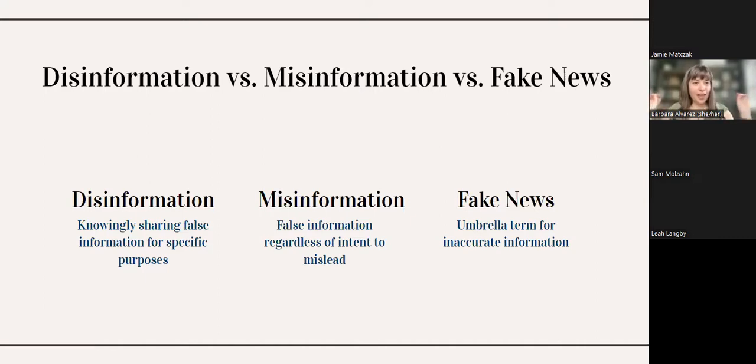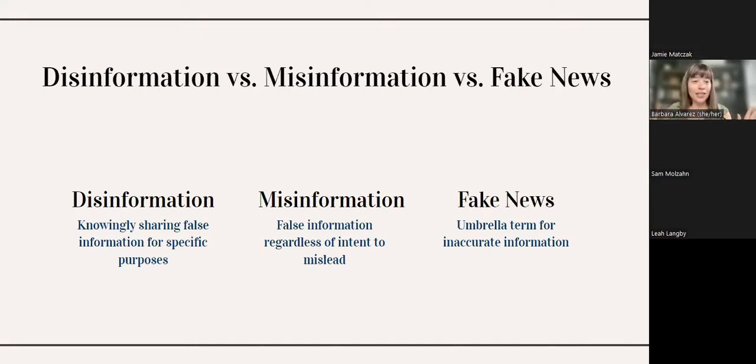Now, the blurred line here is when we enter the world of social media. Propaganda machines are intentionally putting out misleading, biased information out there, and people are unwittingly sharing it on social media. It's so easy now to just hit that share button. You and I probably all do it. We've all probably done it at least once this week.